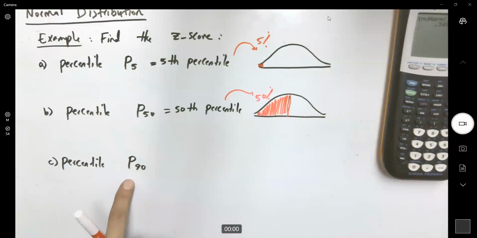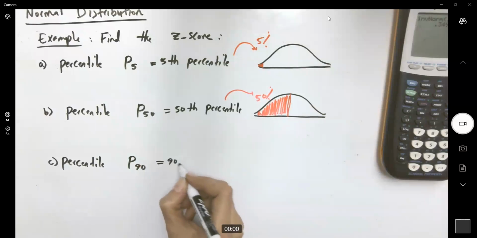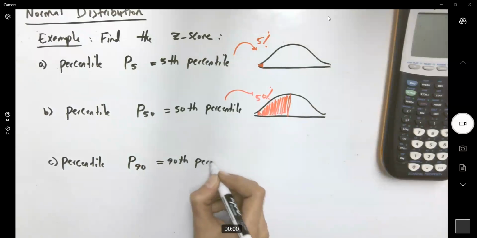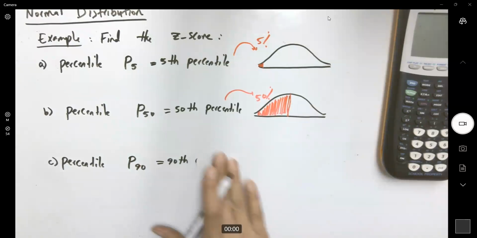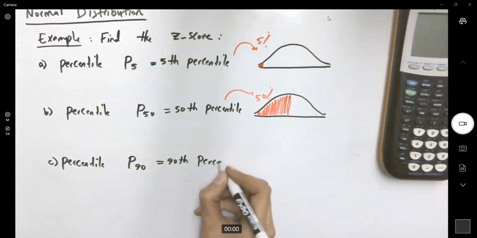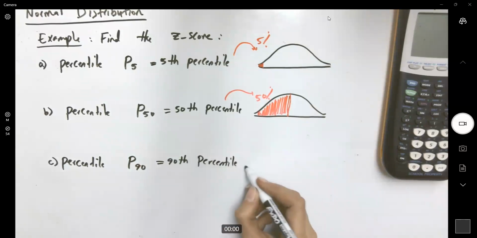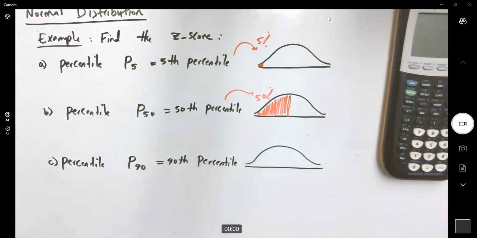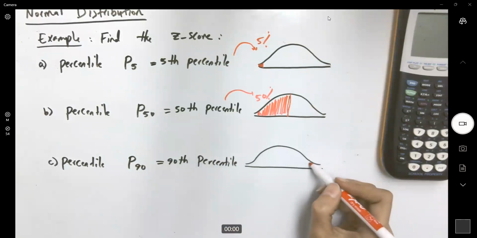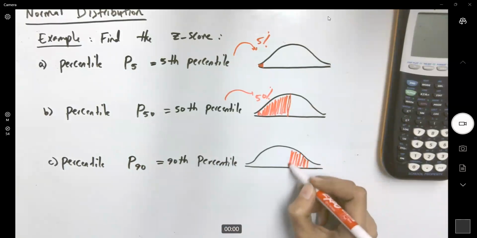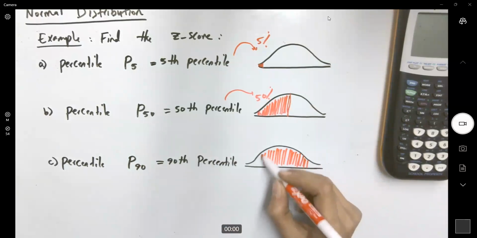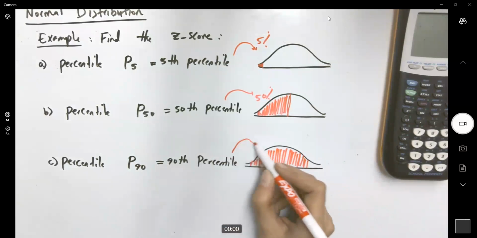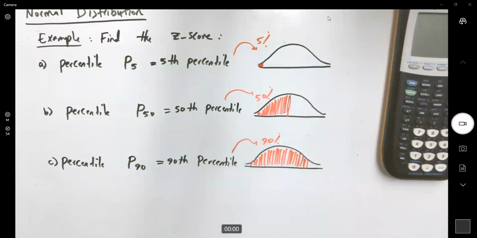When we are talking about the 90th percentile, it means that you have 90% of the area. Where is the 90% of the area? Well, this is the 90% of your area. What is the Z-score in each case?